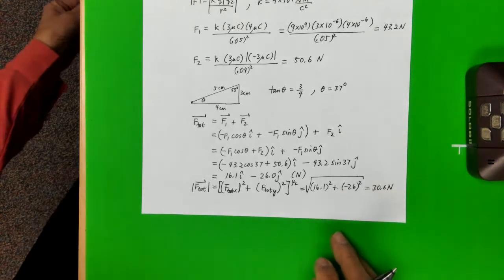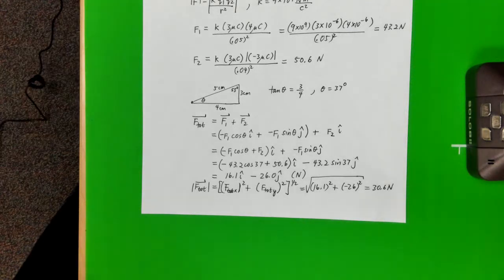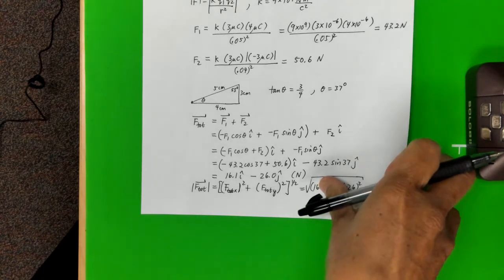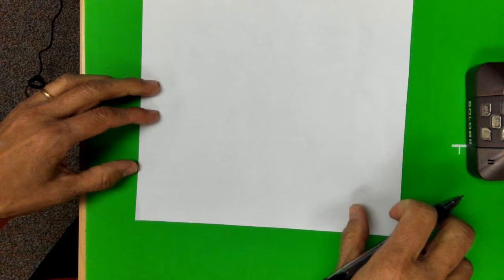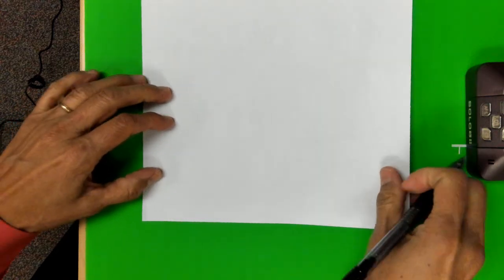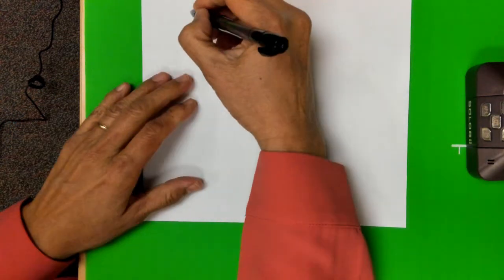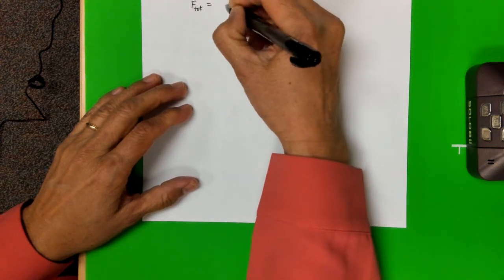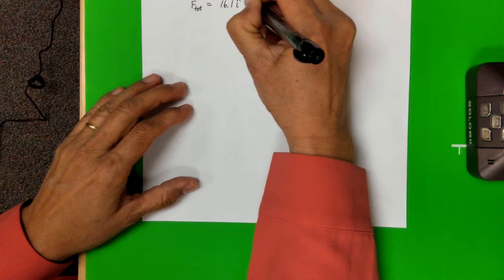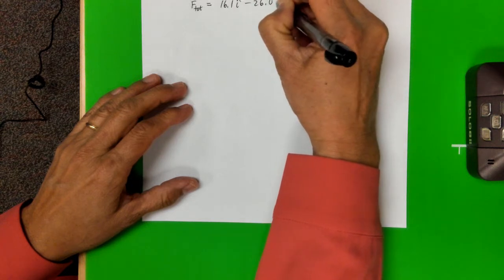To figure out the angle, let me switch to a new paper. Okay, so you have to recall. Let me rewrite F total over here. F total is equal to 16.1 i hat minus 26.0 j hat.